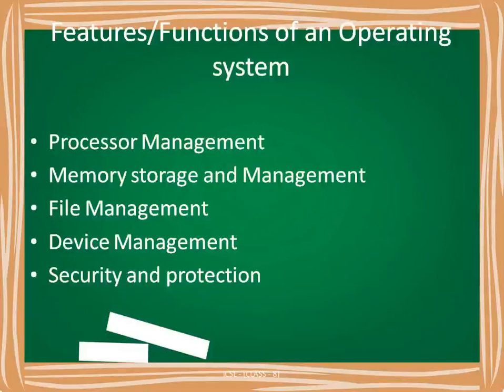Now what happens while working with the system, we work with multiple applications. Like while typing you may play music. Playing music is one task and typing is another task. Here this processor management allots a particular time for all the applications running in a system, and it looks after whether those applications, those processes, are working properly or not.